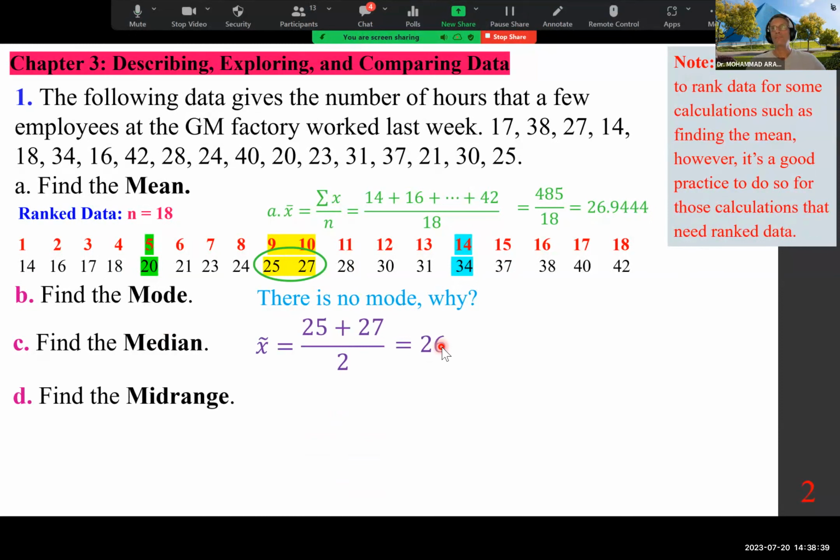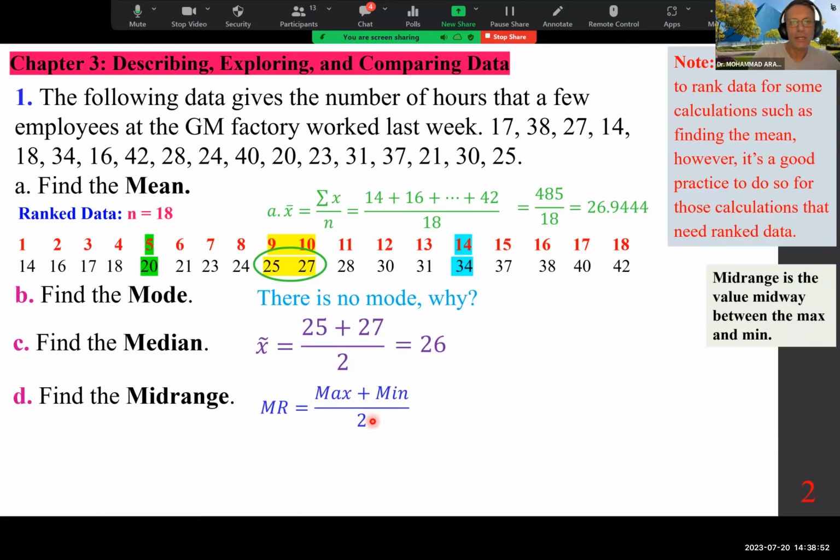Find the mid-range. The mid-range, by definition, is maximum plus minimum divided by 2. So mid-range is the value midway between the max and the min. That's the formula. Again, make sure you get into the habit of writing formulas.